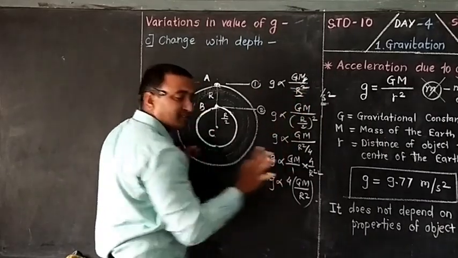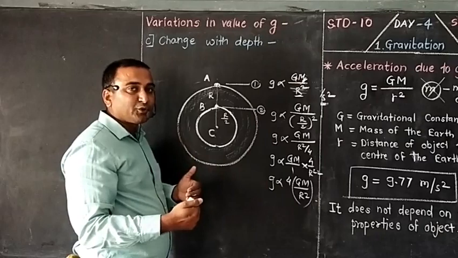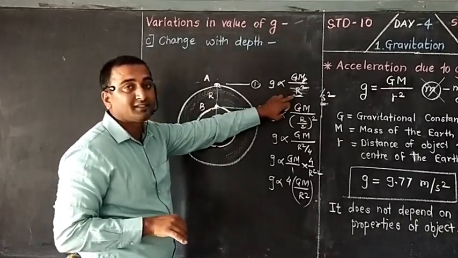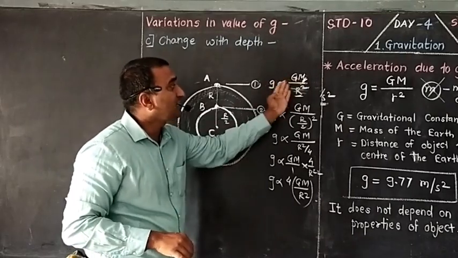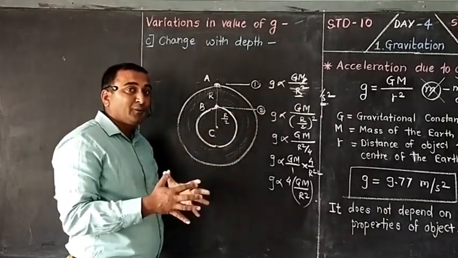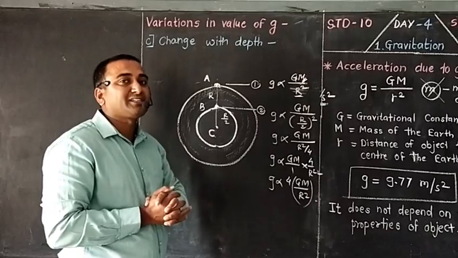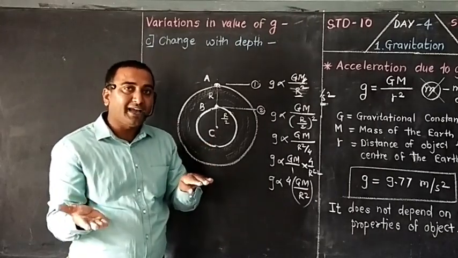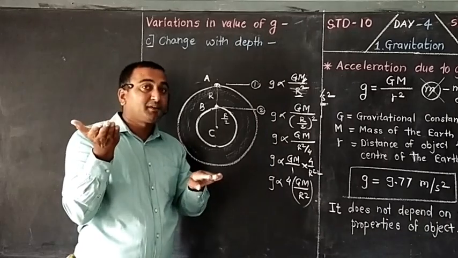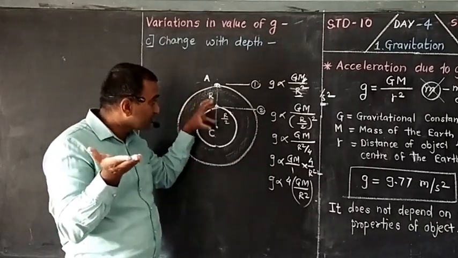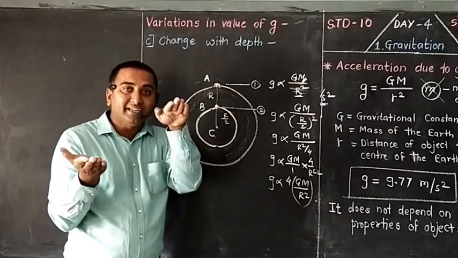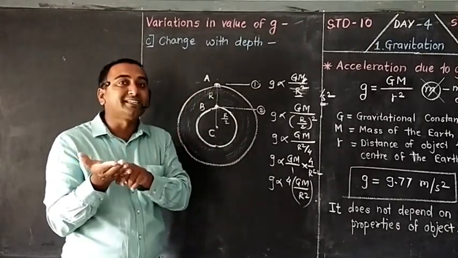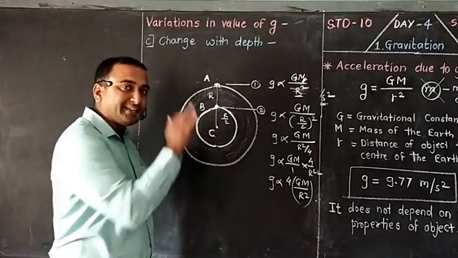According to the radius, definitely acceleration due to gravity increases. But it is directly proportional to mass, and the mass decreases, so acceleration due to gravity decreases. So according to r, acceleration due to gravity increases, but according to mass, because of the reduced mass, it decreases, and this decrease is more than the increase, and so in result it decreases.